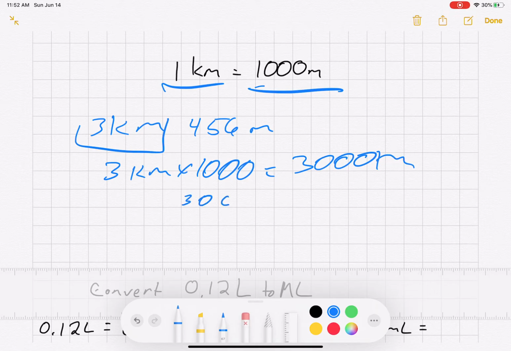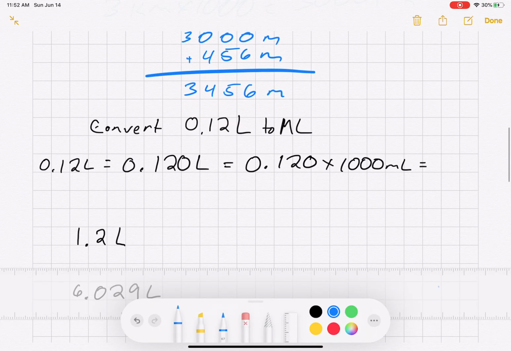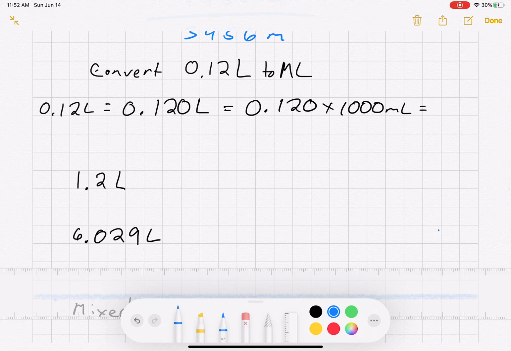So I'd have 3,000 meters plus 456 meters, and so that would equal 3,456 meters.